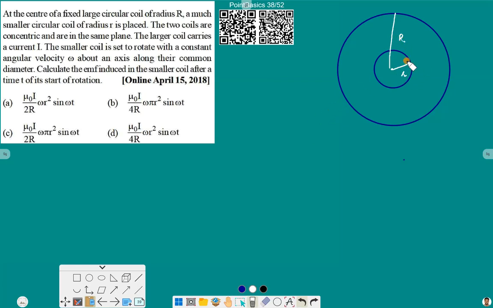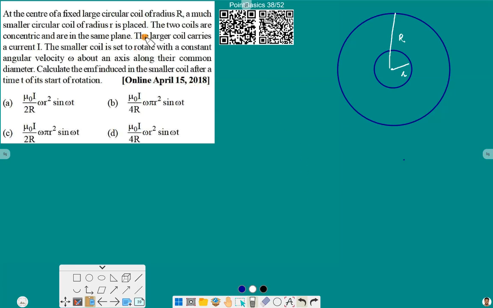They are concentric, and the middle one is rotating with angular velocity omega. As we have to find the induced EMF, first we have to find the amount of flux associated with the middle one, and then we can take a derivative of it to find the amount of EMF induced.